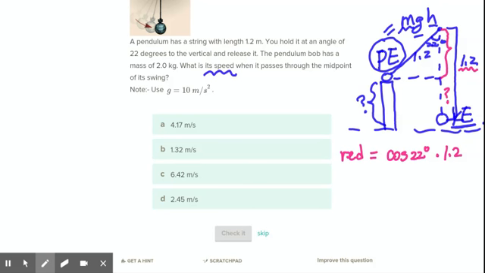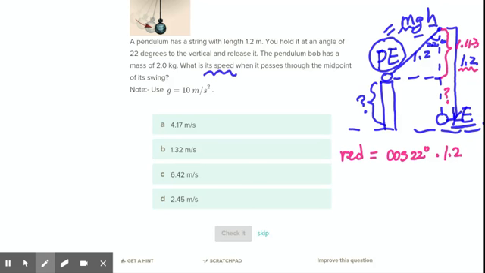So cosine 22 times 1.2 is actually 1.113.